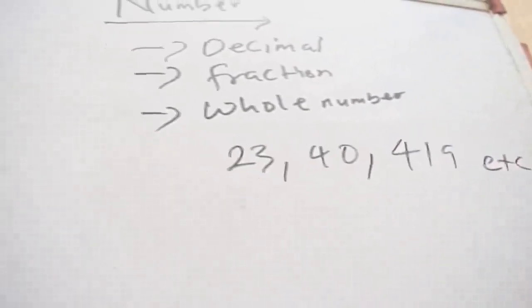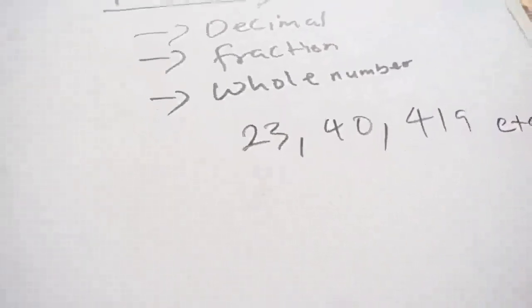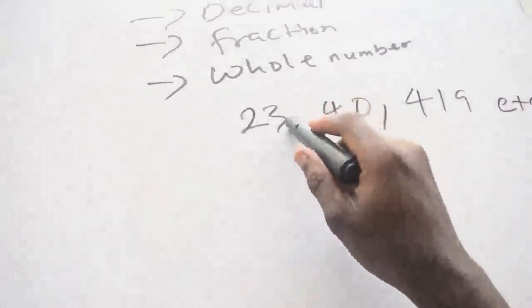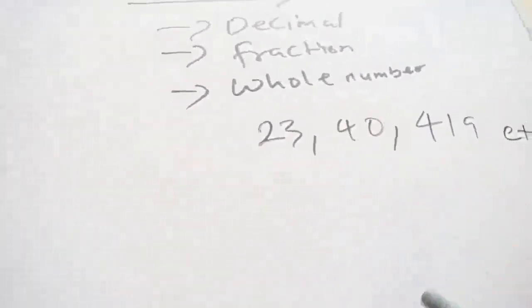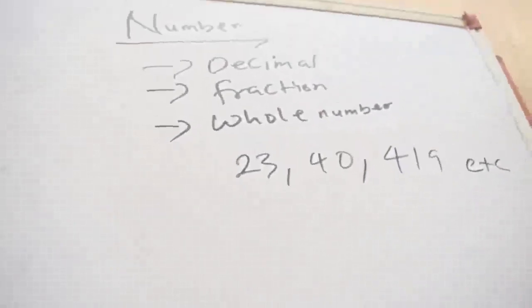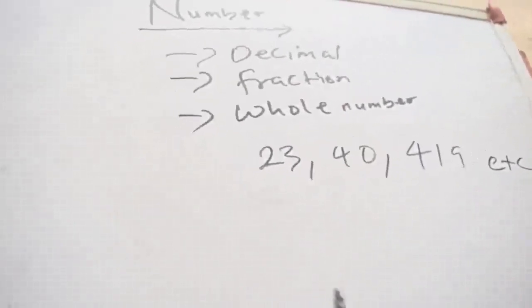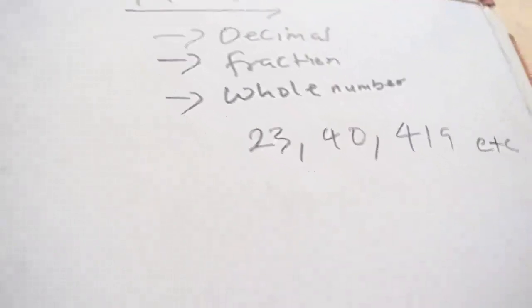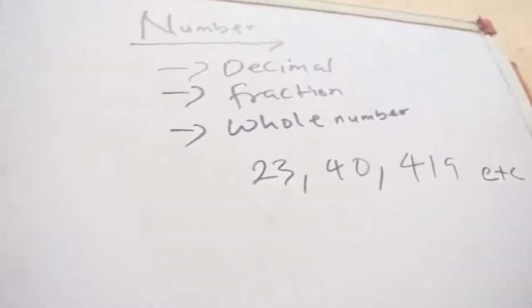What makes them whole numbers is that if you check, they do not have a decimal point, and they do not have a denominator other than 1. So these are nothing but whole numbers.